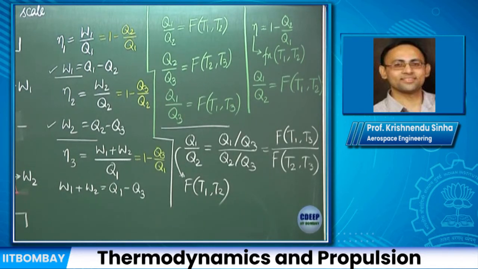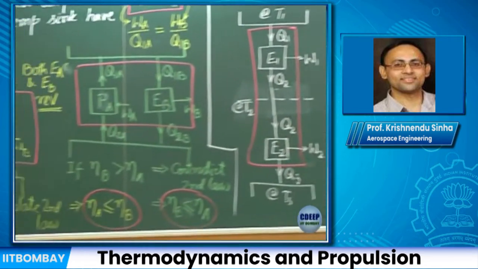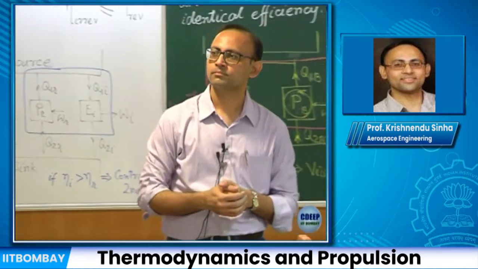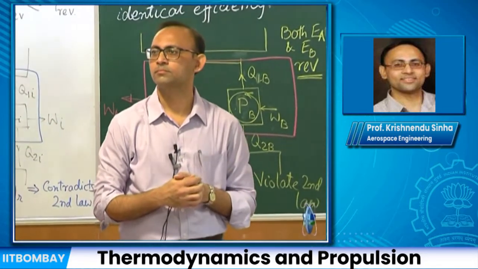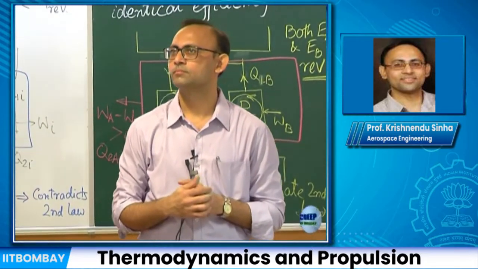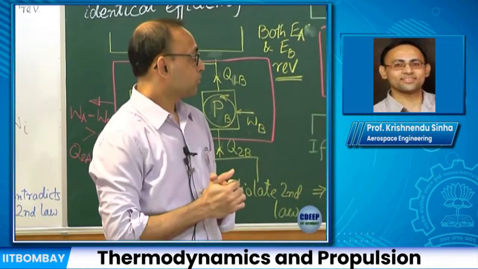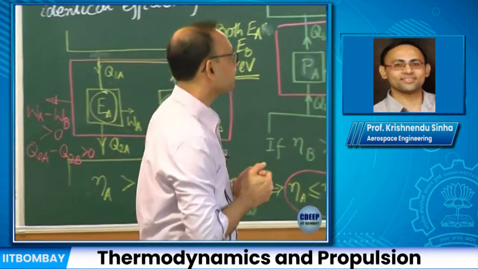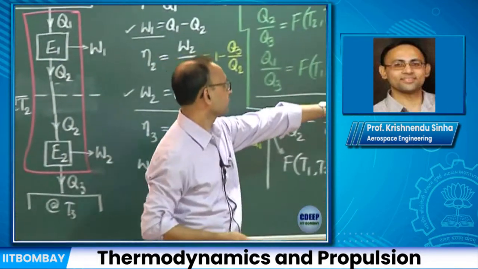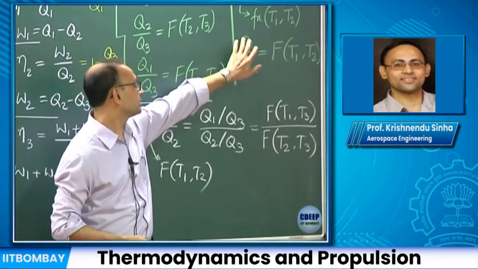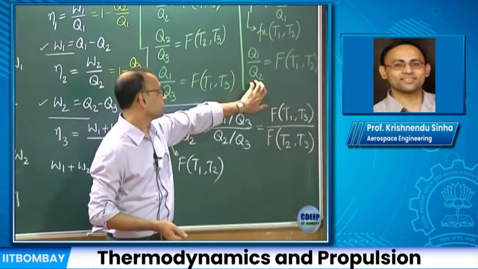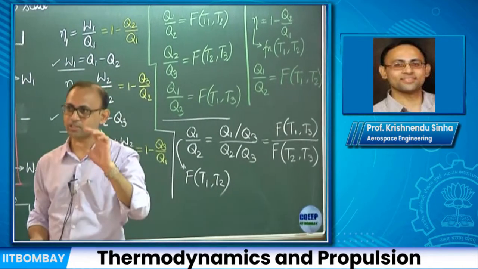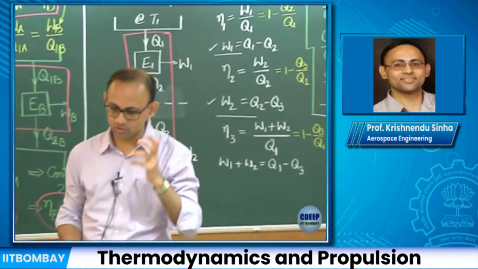Yes. So, won't that ratio depend on the temperature of the source and sink as well as the temperature at which the engine is working? The question is, would the ratio of heat taken up and heat rejected not depend on T1, T2, which are source and sink temperature, as well as the temperature at which the engine is working?